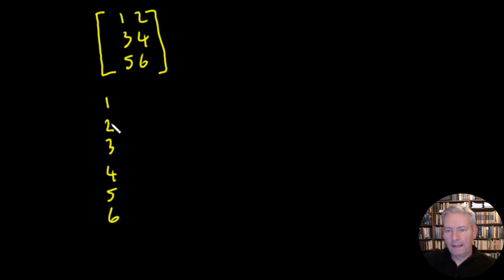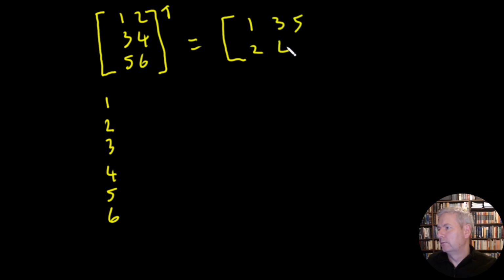Whenever we transpose this, the rows become the columns, so we're going to have the values 1, 3, 5 and then 2, 4, 6. So this is the transpose of this. Now it means that the transposed one is going to be in memory in the following order: 1, 3, 5, 2, 4 and 6.